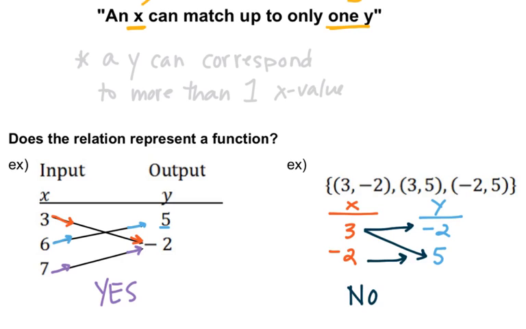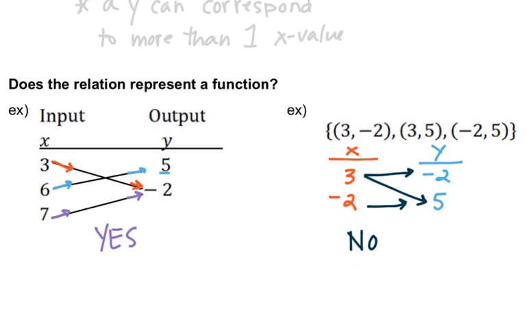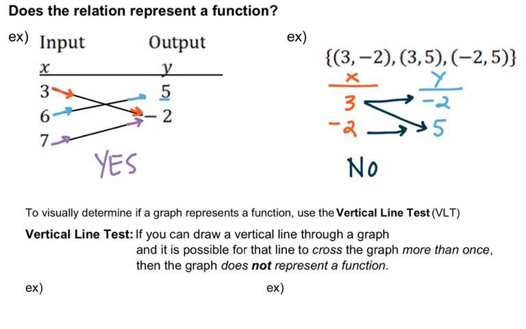Now, we thought about this conceptually here with these relationships and literally matching up points. But how can we tell if something is a function just by looking at it? So if we want to be able to look at something and determine if it's a function, this is a visual test, we use what is called the vertical line test.